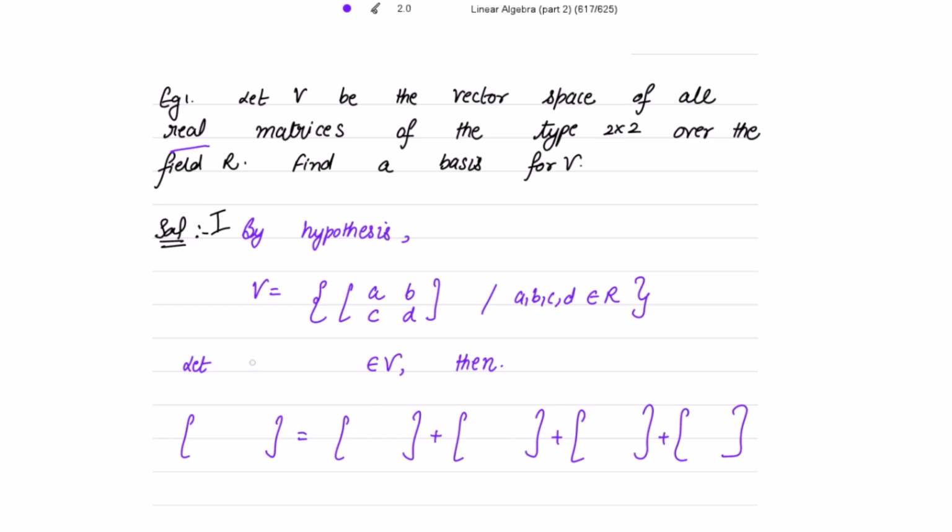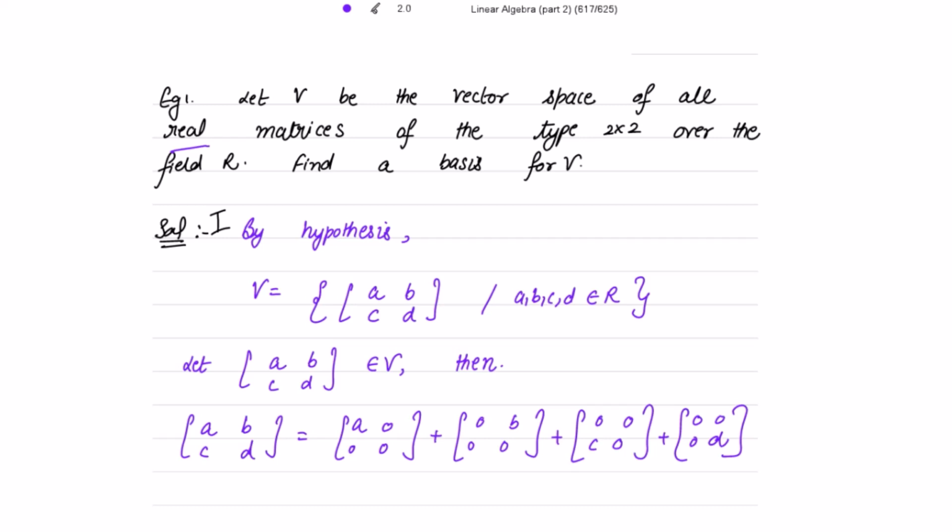Okay, so let me take the element [a, b; c, d] from this V. Now this matrix can be written as [a, 0; 0, 0] plus [0, b; 0, 0], then [0, 0; c, 0], and [0, 0; 0, d]. If you add all these, you will get [a, b; c, d] back.